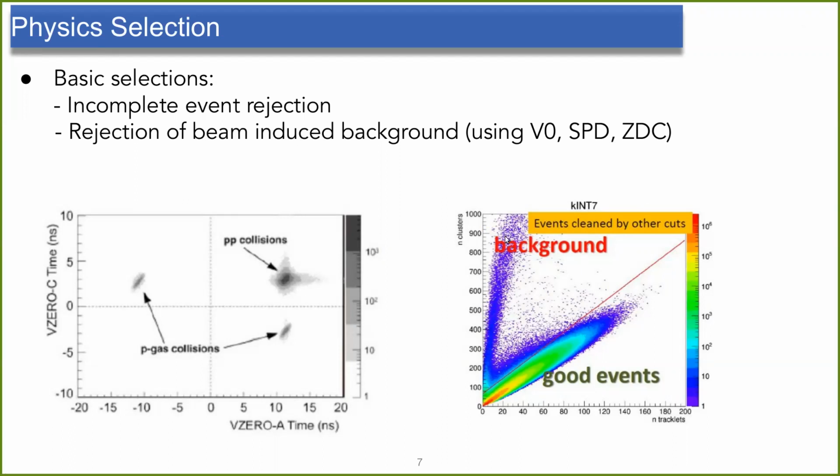But here you can see that there are some events with low tracklets but a large number of fired clusters. That's basically coming from the background. That means you get more clusters in the SPD compared to the tracklets. Those are basically the background. Okay, thank you, sir.